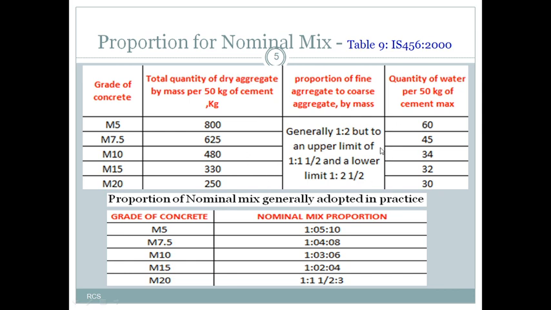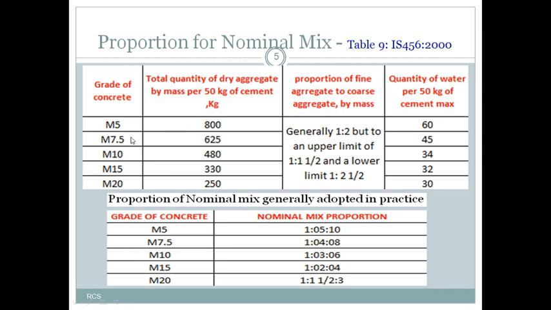Then what about fine aggregate? Here we have a proportion of fine aggregate to coarse aggregate by mass. Generally, the ratio of fine aggregate to coarse aggregate is 1:2. That means if you use one proportion of fine aggregate, then we have to use two proportions of coarse aggregate.